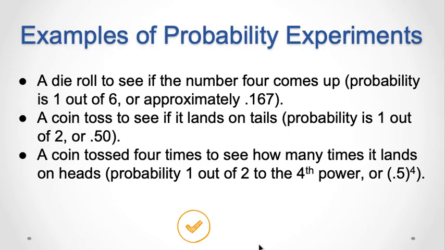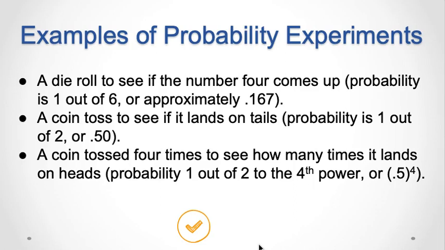Examples of probability experiments include one die roll to see if the number 4 comes up. Probability is 1 out of 6 or 0.167. A coin toss to see if it lands on tails. Probability is 1 out of 2 or 0.5.